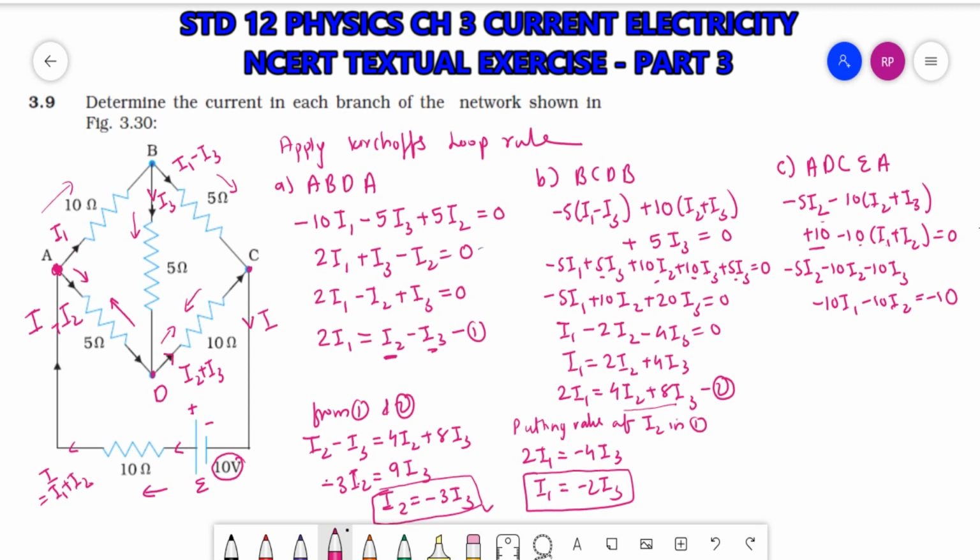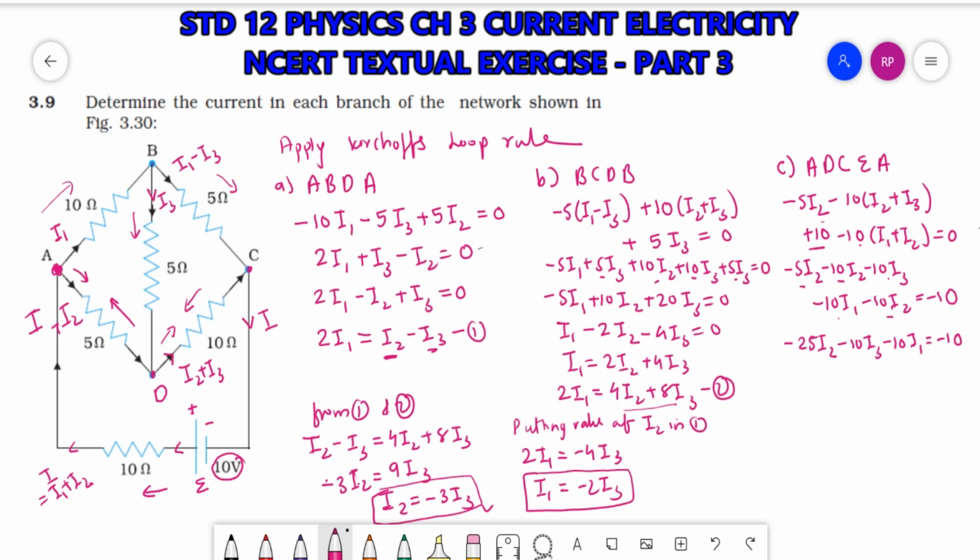Clear? Now putting the value of I2 as minus 3I3. Or else first let's write down minus 5I2 minus 10I2 minus 10I2. So this will be equal to minus 25I2. Minus 10I3 minus 10I1 equal to minus 10.